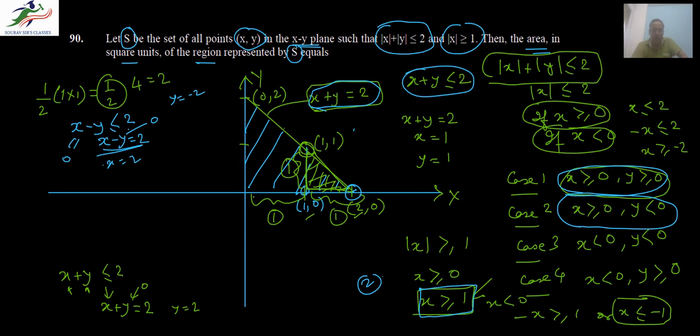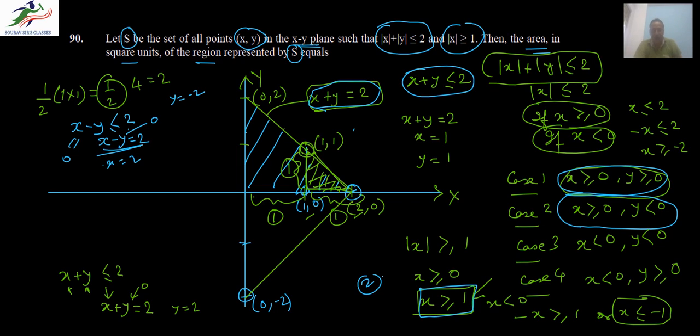So it would intersect the y-axis at 0 and minus 2. So if I draw this line to connect these 2 points, I will see that this is my required line, and then I have the other equation.